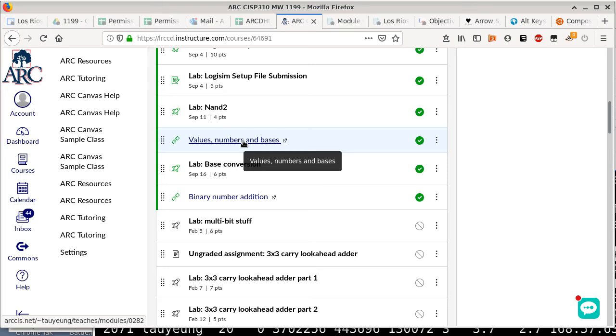Because at the end of a module, sometimes I will give you a suggested activity. So in this case, I'm asking you to use any language to write a program to do base conversion. So you can type in a base 10 number, and it will convert it to base 6, base 7, base 5, or whatever weird base you choose to use. Or it can be the other way around.